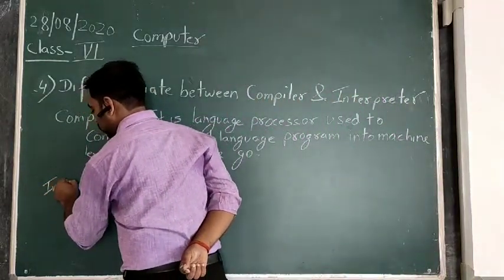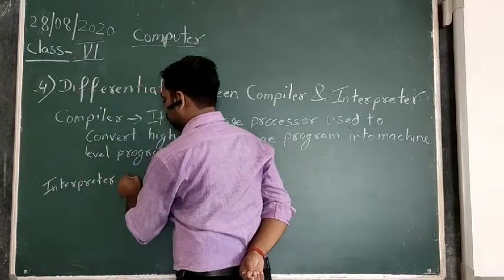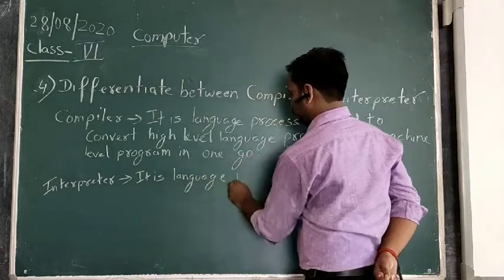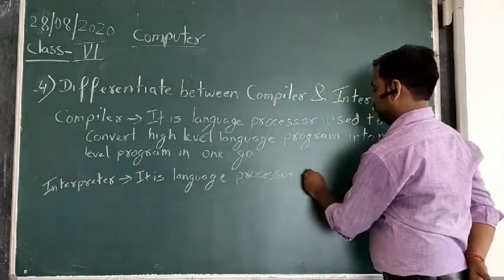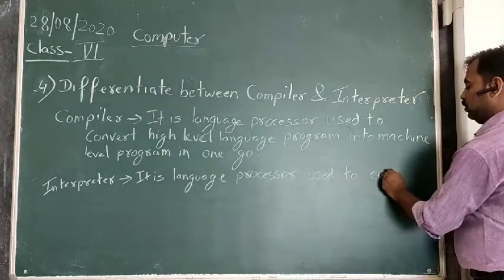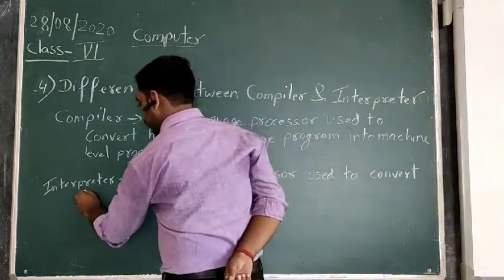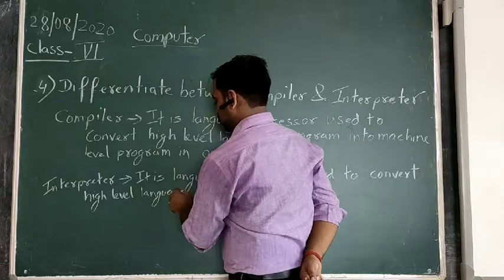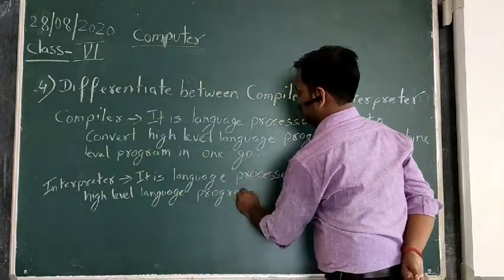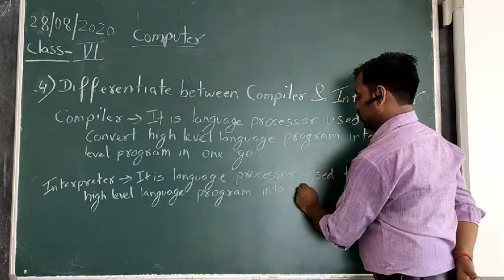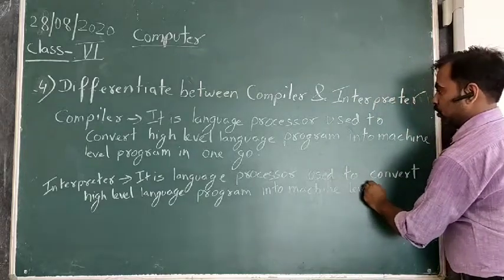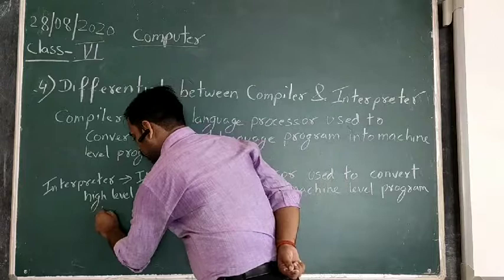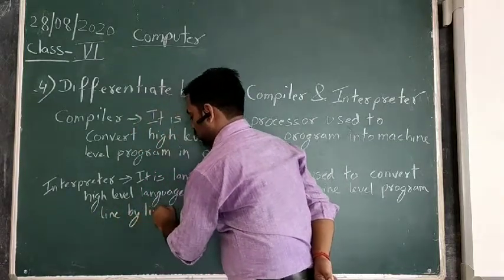Whereas if we talk about the interpreter, it is a language processor used to convert high level language program into machine level language, machine level program, line by line.